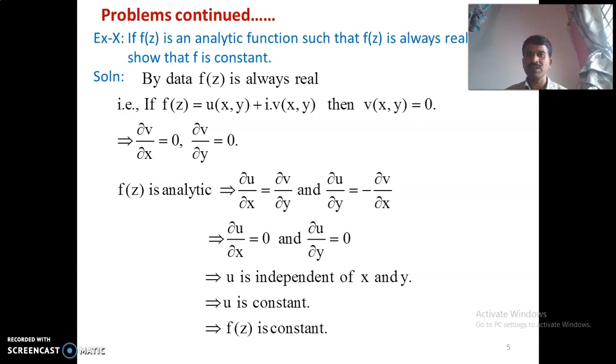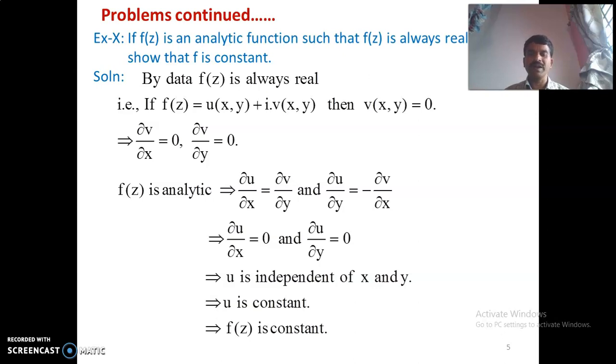Now we shall see the standard results. First one: suppose f is an analytic function such that the function is always real. Show that f is constant. So what is given here?